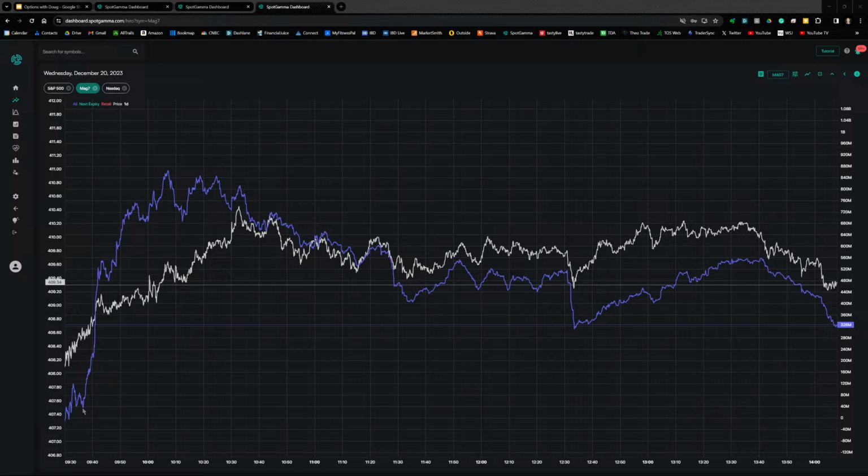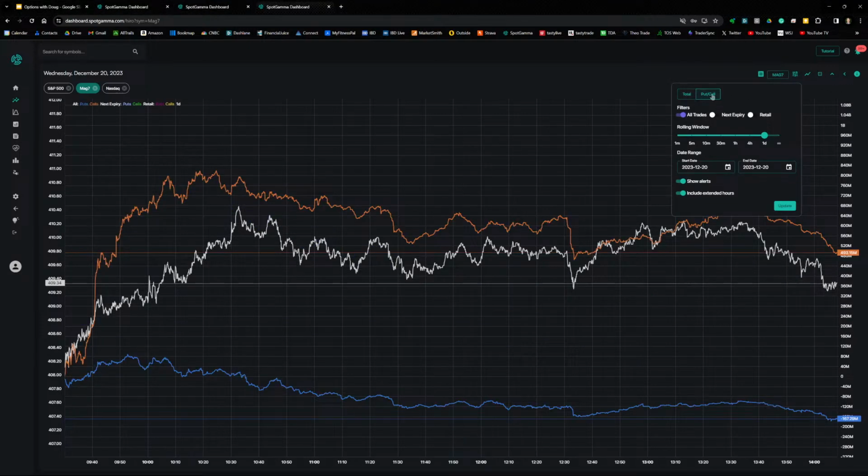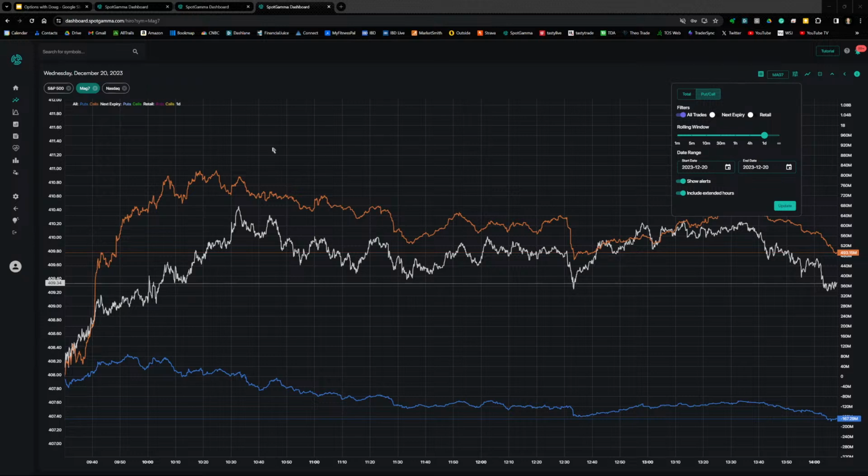Very bullish signal from the open. Sharply rising Hero signal. Traders were buying calls aggressively. Then they take their foot off the gas right around 10:30.